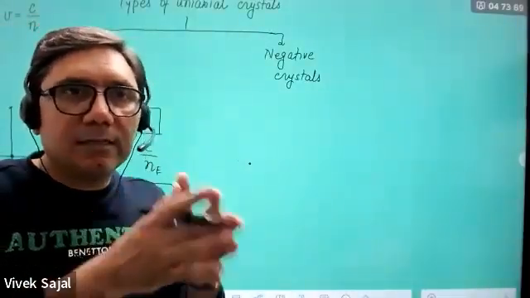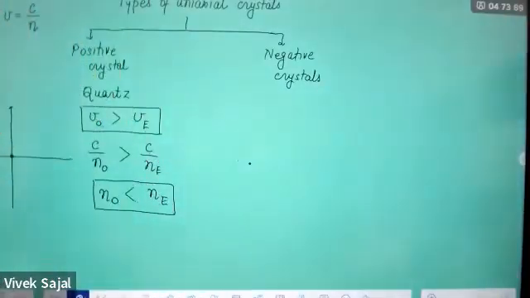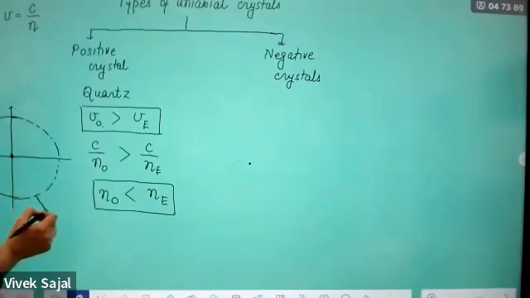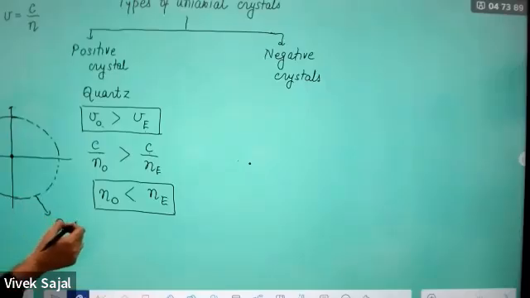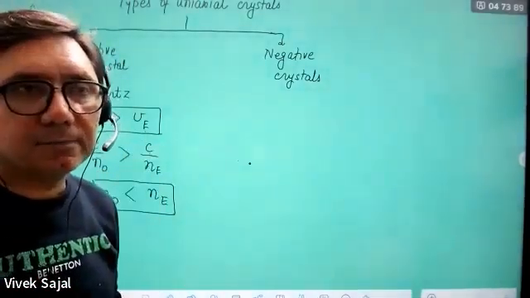So the wavefront of ordinary light that emerges from this point source will be spherical. So you are going to get this type of spherical wavefront emerging from the point source. This is the wavefront corresponding to ordinary light. It is spherical because ordinary light travels with the same speed in all possible directions.